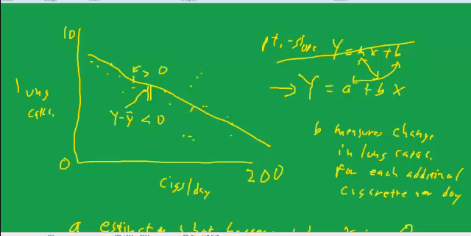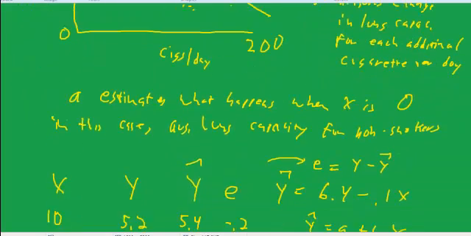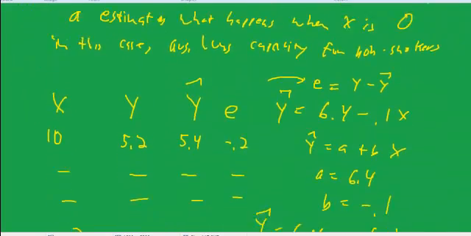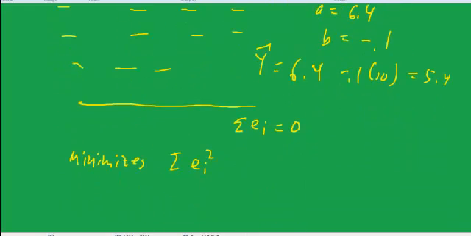If we keep moving the line, twisting it around and moving it up and down to minimize the absolute value of the distance from the points to the line, the absolute value of the residuals. Well, the absolute value is a hard thing to work with, but the square does the same thing. So working with the square and minimizing the sum of squared residuals is the typical approach for getting a line of best fit.